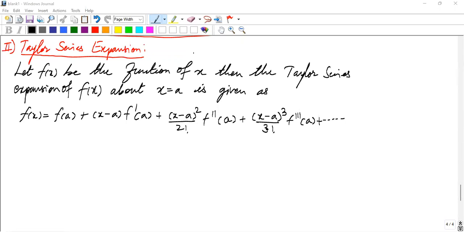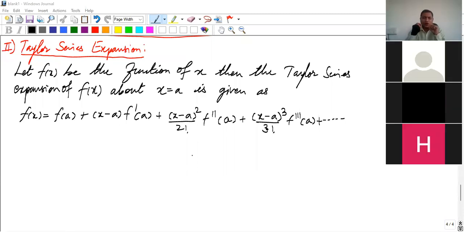Sir, the Taylor series is a general case and the Maclaurin series is a special case. Okay. Subhada? Yes, sir. Taylor series is a general case and Maclaurin series is a special case. So all of you got this relation between the Taylor series and Maclaurin series? Yes, sir, we got it.